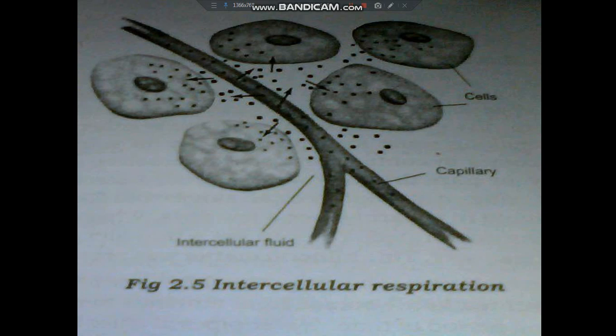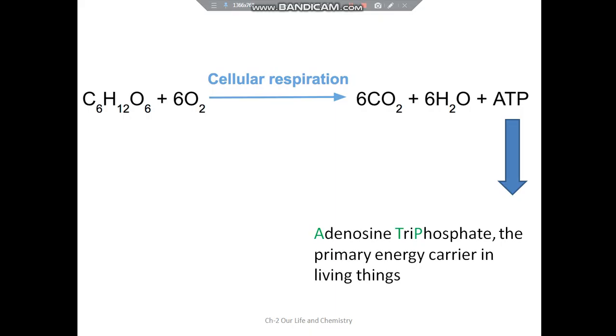It reacts to release energy, the energy that we require to function. Now this whole process in which the cells use the oxygen to release energy is called cellular respiration. Here the oxygen reacts with the nutrients from the food, and produces carbon dioxide, water and ATP.